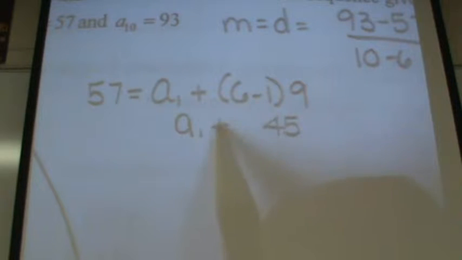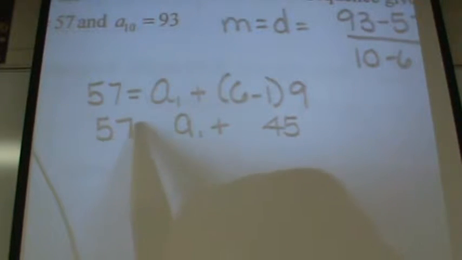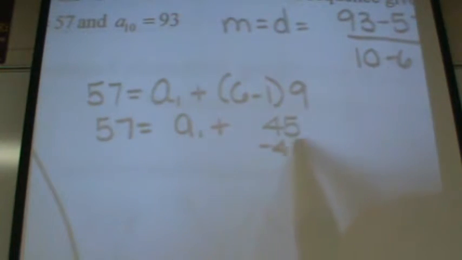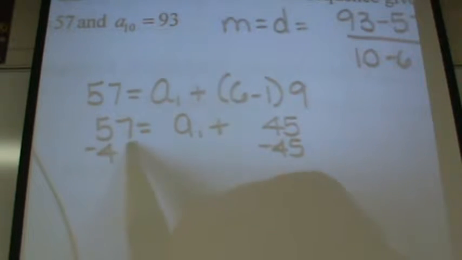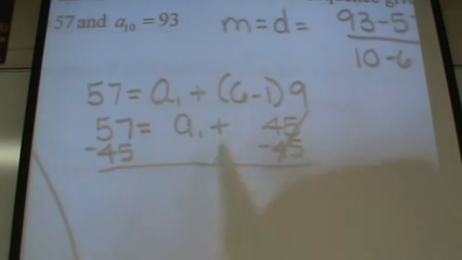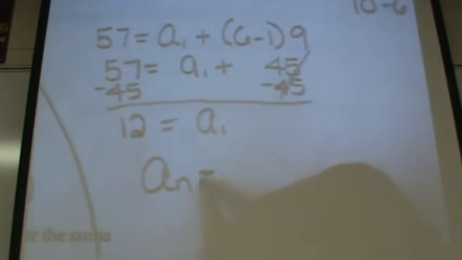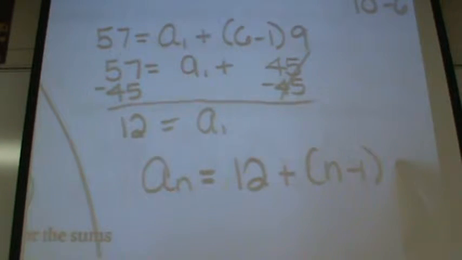Then what? You're going to subtract 45, and you're going to get a sub 1. Your first term is 12. So the equation is a sub n. The rule would be 12 plus n minus 1 times 9.